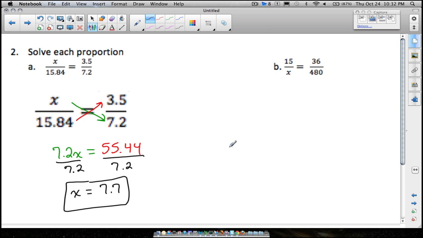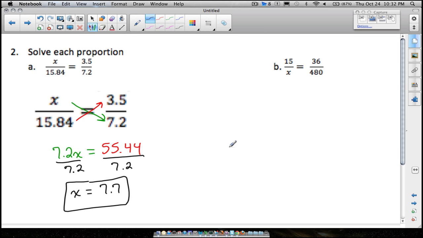And I tell you what though, since I am making a video, it's a good time to check your work at least. You have a calculator, you can check your work real quick. So I'm going to plug up the document camera and we're going to have a look and make sure that these two fractions are equal to each other.